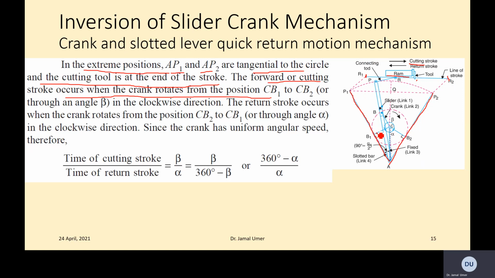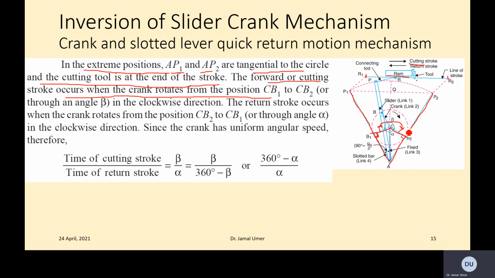During this movement the crank is moving. So now the crank is covering this much distance from CB1 to CB2. It is covering quite a larger angle. So this is CB1 position, this is CB2 position.